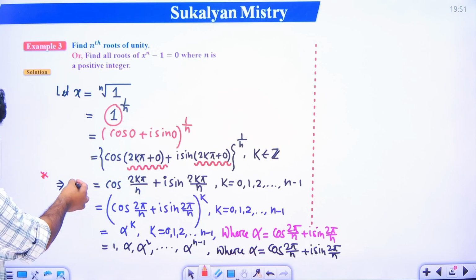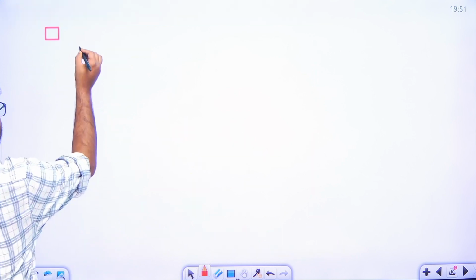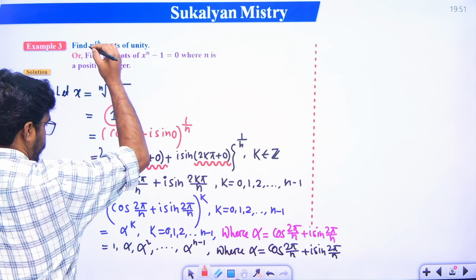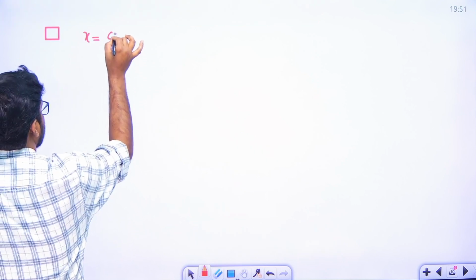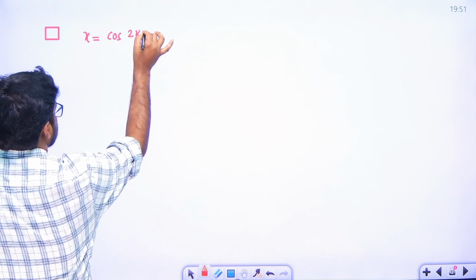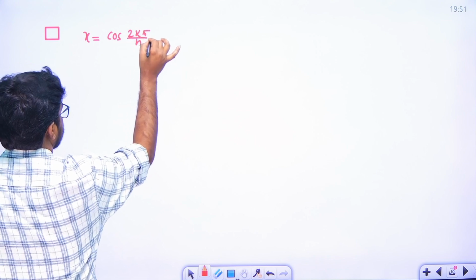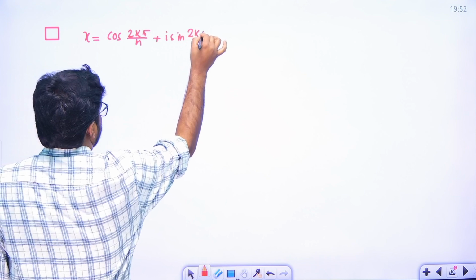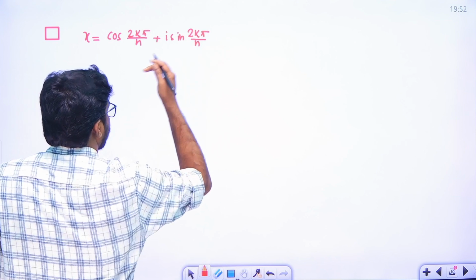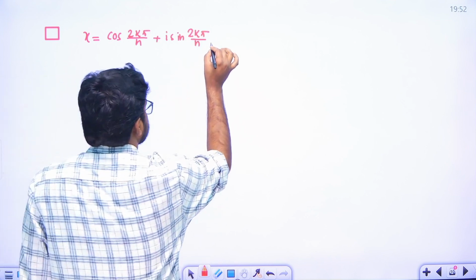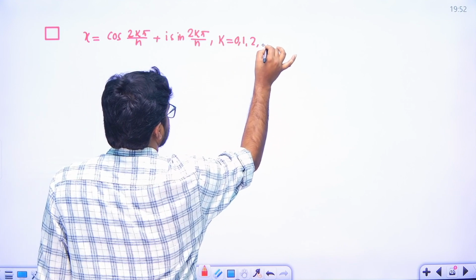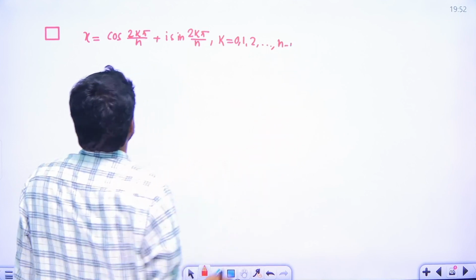So x is equal to this, right? X is equal to cos 2k pi by n plus i sin 2k pi by n. What is k? k is 0, 1, 2 up to n minus 1.